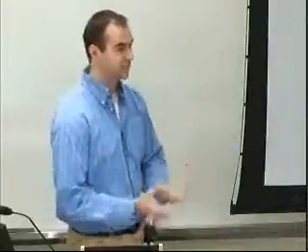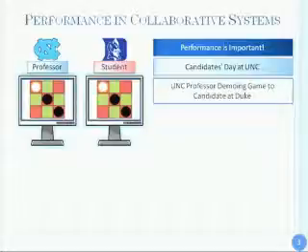To illustrate, consider the Candidates Day at UNC. Each year, the Computer Science Department at UNC invites a number of potential graduate students to view demos of the research done in the school. Unfortunately, some of these students are also invited to the Candidates Day at Duke, which happens on the same day. So to give all of the invited students a taste of research at UNC, UNC shares the demo applications using an application sharing system.